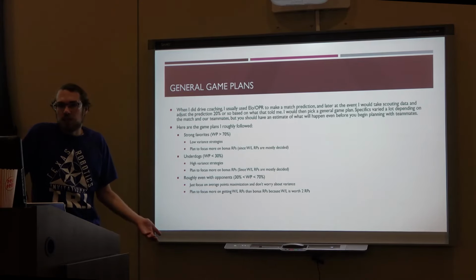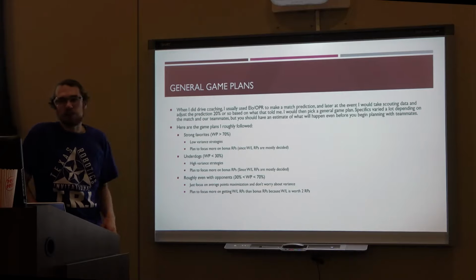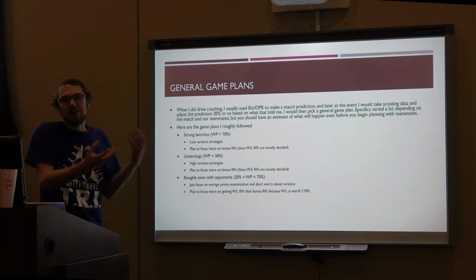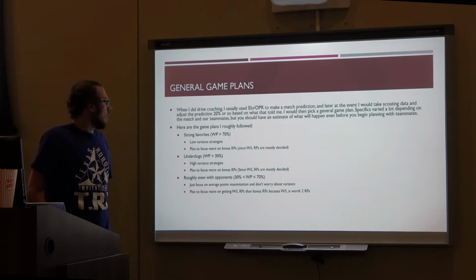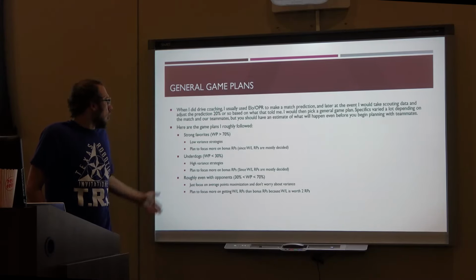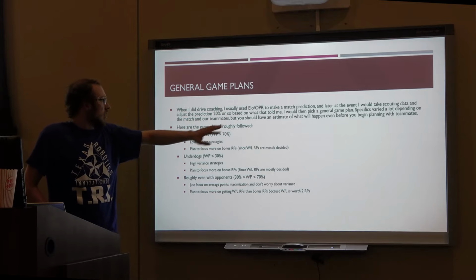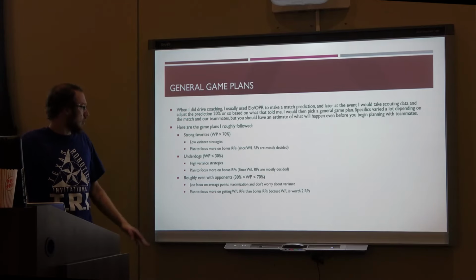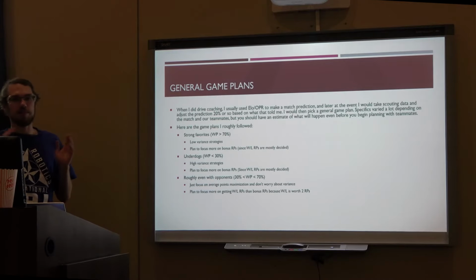I'd usually adjust it at least 5% in one direction or the other, just based on things I see in the scouting data that you don't have in Elo or OPR. But use that to make a general game plan, and these are roughly the bins of game plans that I would follow.